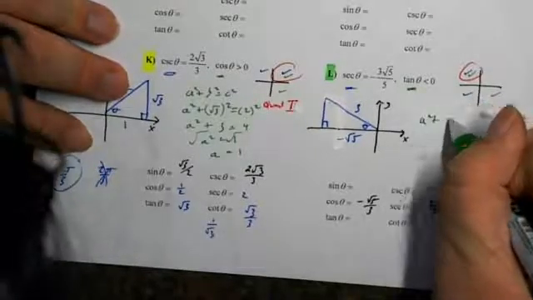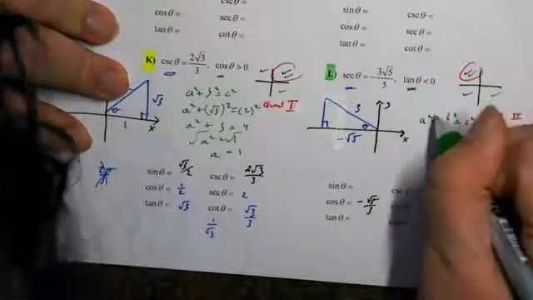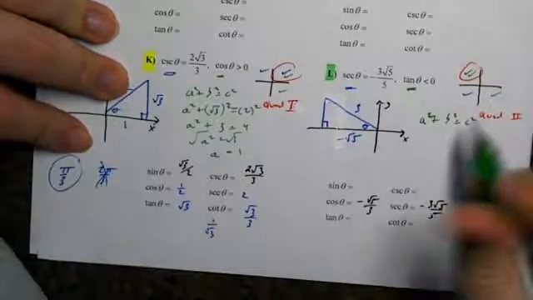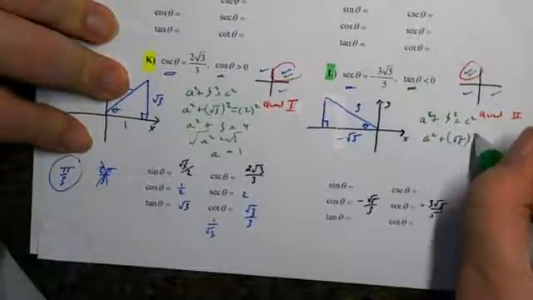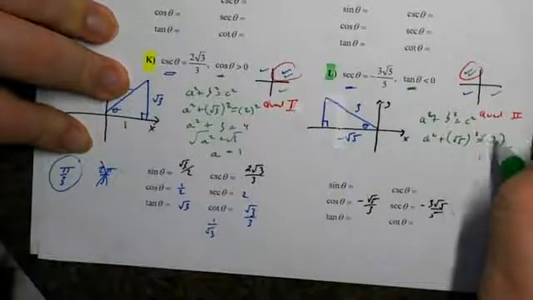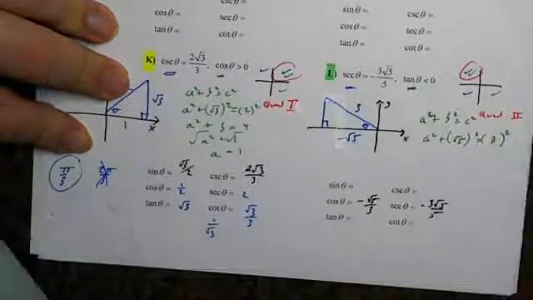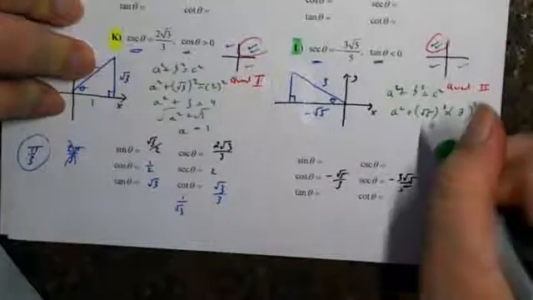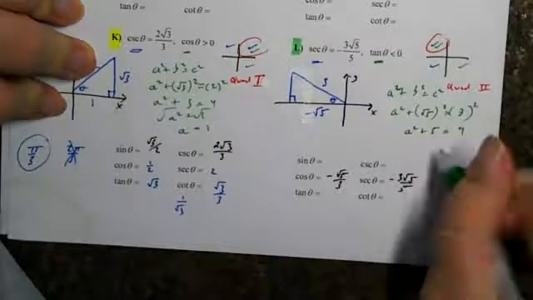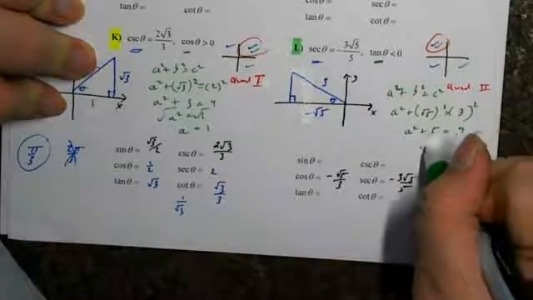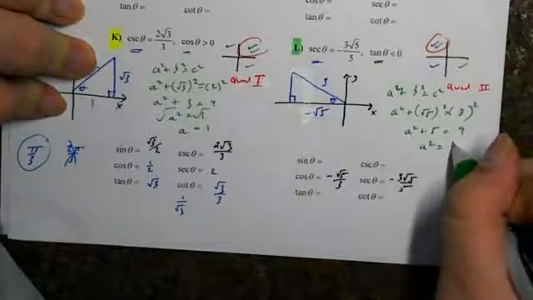A squared plus b squared is c squared. All right, that's a squared plus the square root of 5 squared equals 3 squared, which is a squared plus 5 is 9. Subtracting 5 from both sides, a squared is 4.